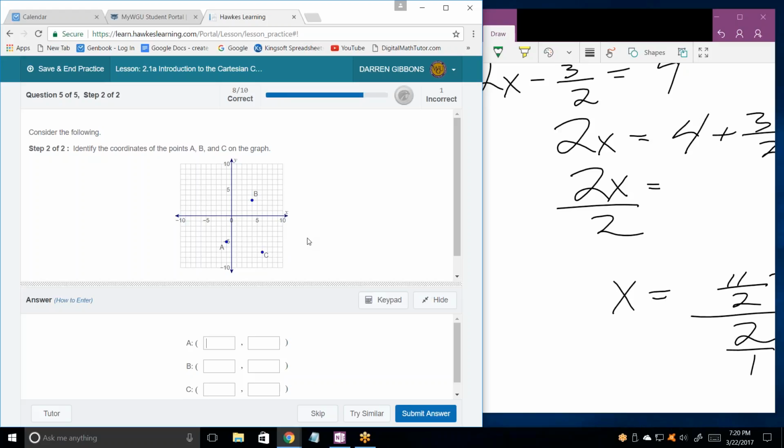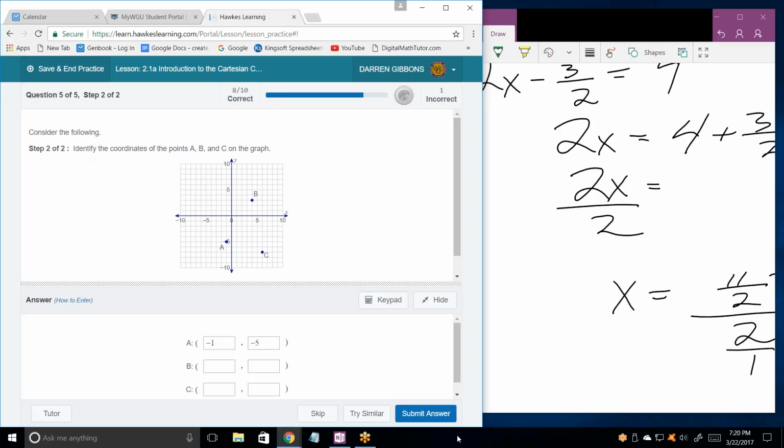But let me tell you what I think they should be. Okay, what's A? So A is -1, and that's the x-coordinate. What's the y-coordinate? Negative, is that 5? I can't see it very well. Yes, it is. Okay. How about B?